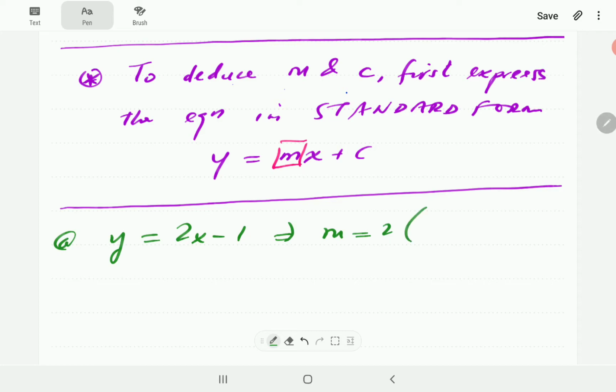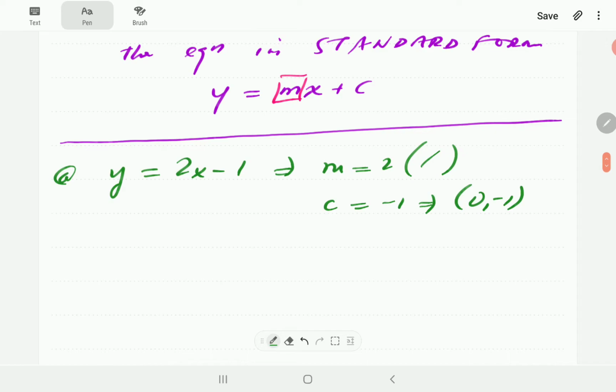If the gradient is positive, it means the line is a bit like a forward slash, so it's upsloping. The constant is -1. This tells us that the y-intercept is going to be -1. So that sorts out part 1.